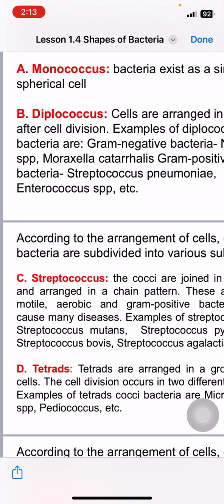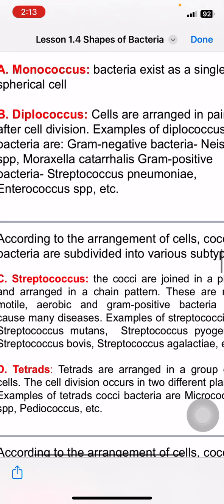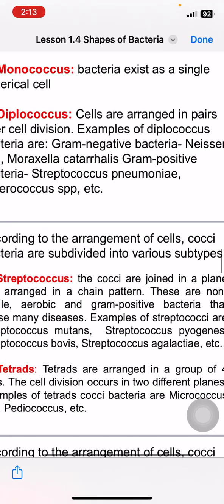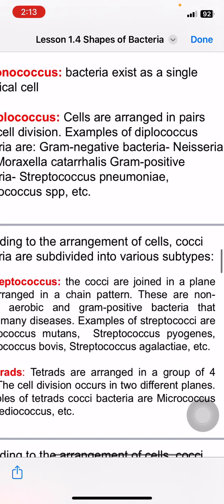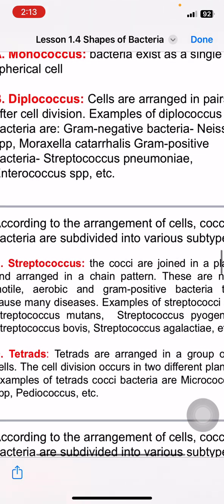So Streptococcus is gram positive, and when we say gram positive, it possesses what? Many diseases. And as you can see here, these are the examples of Streptococcus.